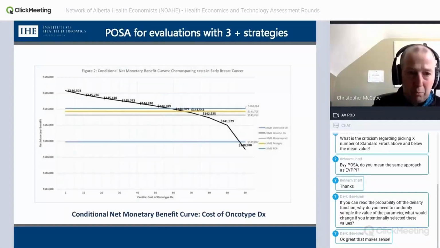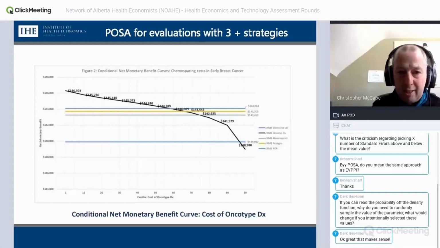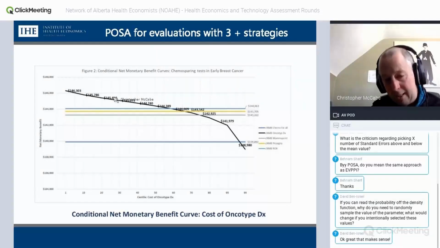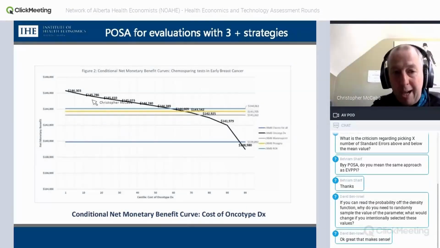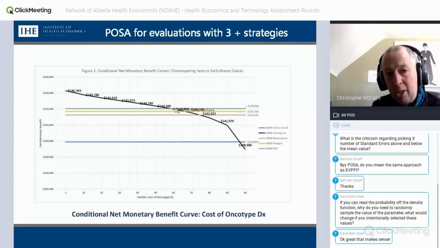And what you would see if I had sent the right slide deck in, is that we overlay that with a red dashed line to show the frontier.